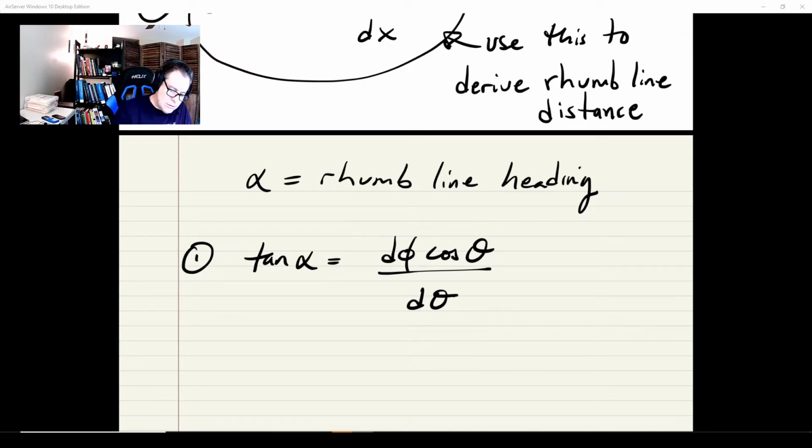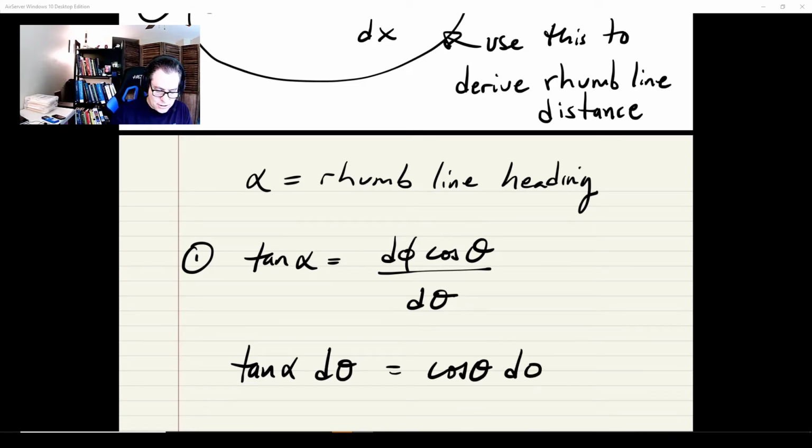So what I need to do here is rewrite this equation so I can integrate both sides. In the differential equations class, at the beginning, that's the first topic. It's called separation of variables. So that's what we'll do here. We'll just rewrite this so that our differential is not in the denominator. So I'll say tan alpha times differential in theta is cos theta times the differential in phi.